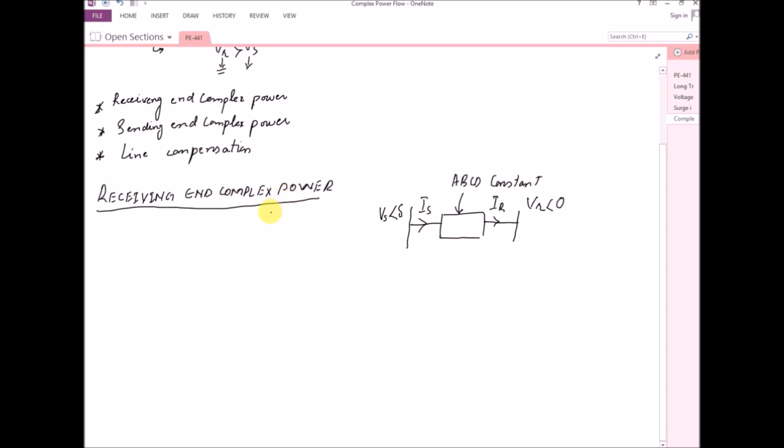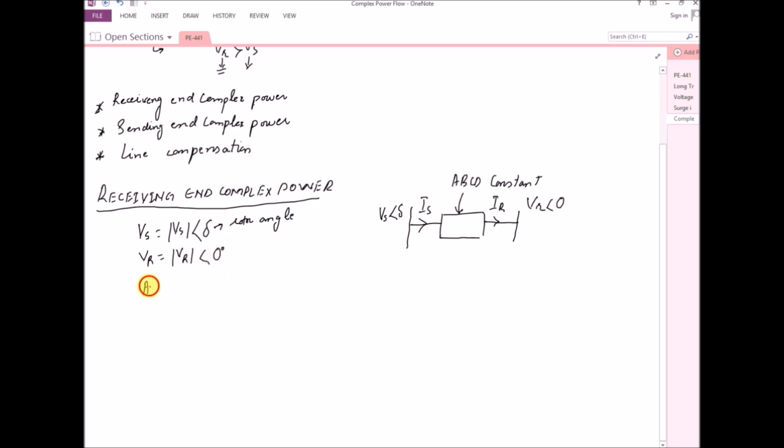If I have to define a few variables, Vs is the sending end voltage, it has a magnitude and an angle delta, and this angle is actually the rotor angle of the synchronous generator which is producing the power. Then we have a receiving end voltage Vr, again with a magnitude and the angle is 0 degrees.